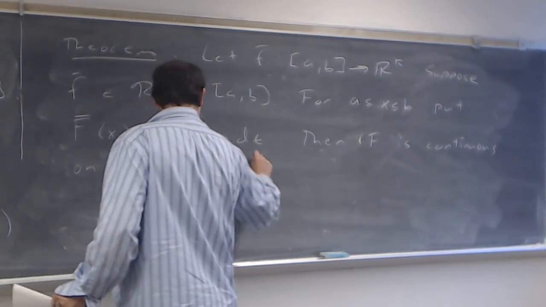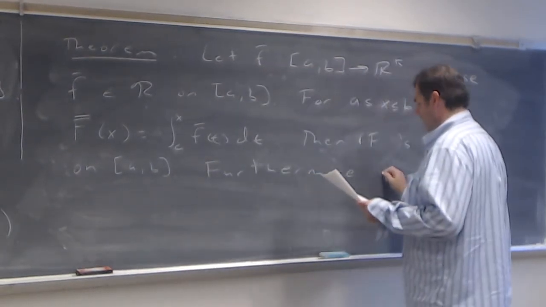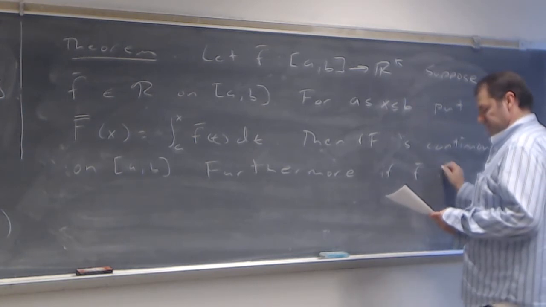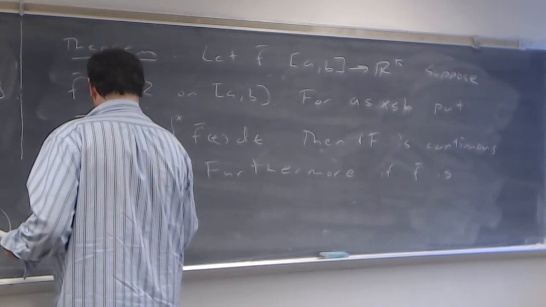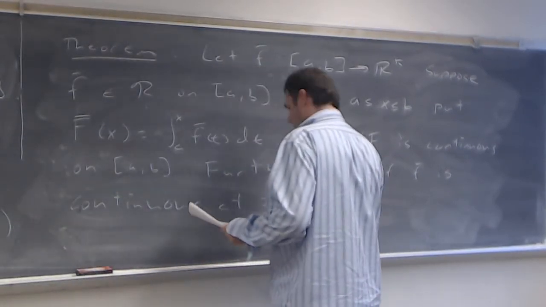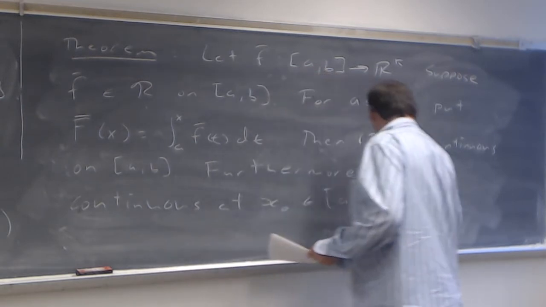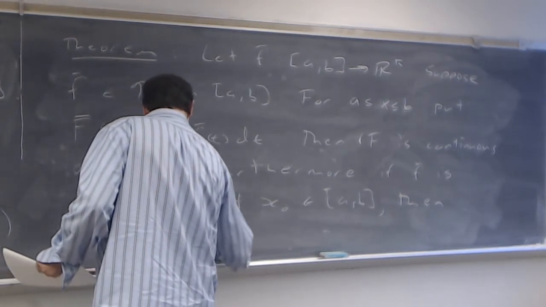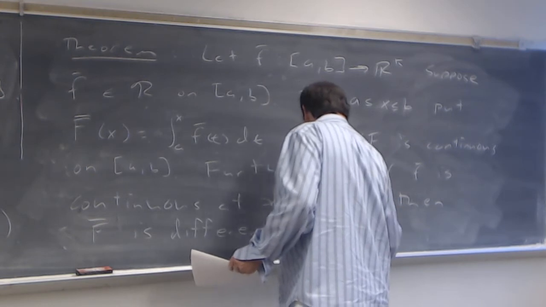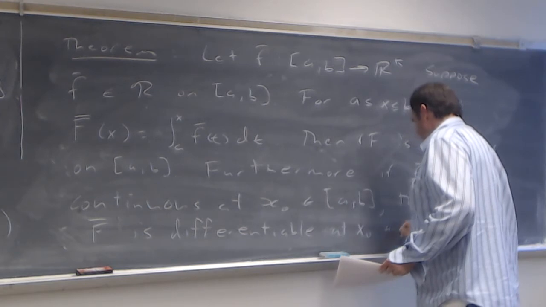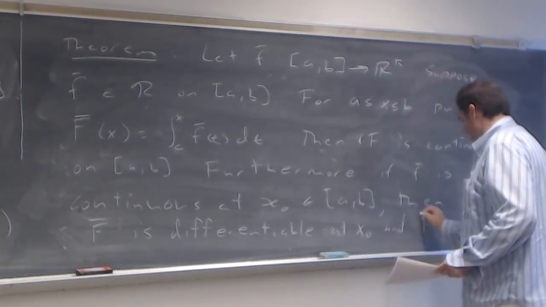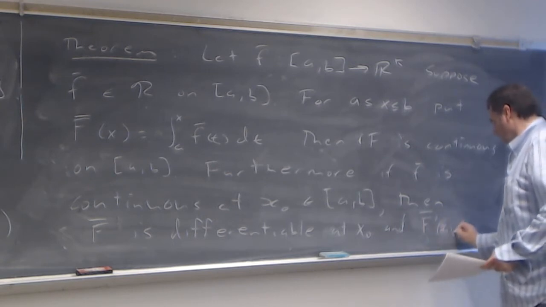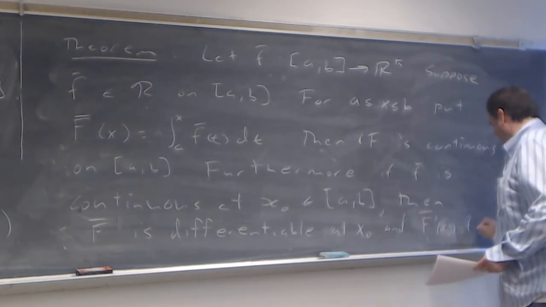Furthermore, if f bar is continuous at x sub naught in A to B, then big F bar is differentiable at x naught, and its derivative at x naught is equal to little f bar evaluated at x naught.